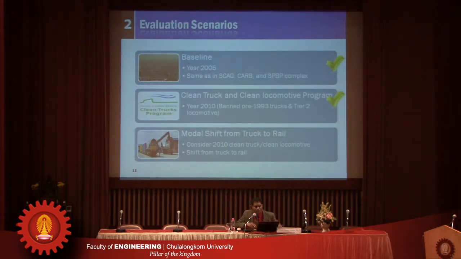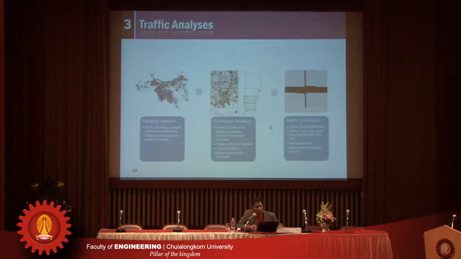So a few scenarios we looked at, and mainly the Clean Truck and Clean Locomotive program that was instituted a few years back actually, but by 2010, all of the trucks were expected to be adhering to certain standards of emissions, as well as the locomotives running on those rail yards. They also needed to be Tier 2, Tier 3 locomotives actually. And then look at the modal shift from truck to rail. That's what the framework was meant for.